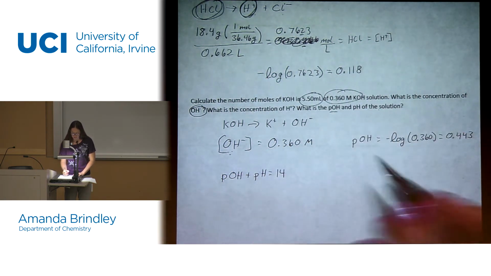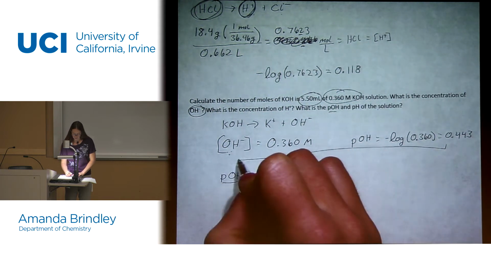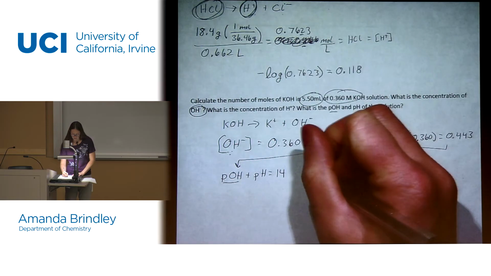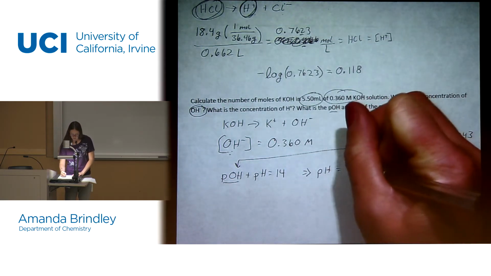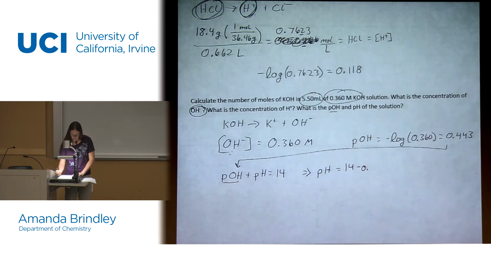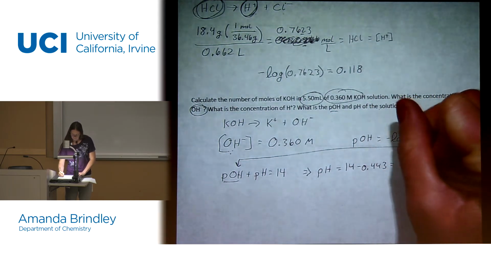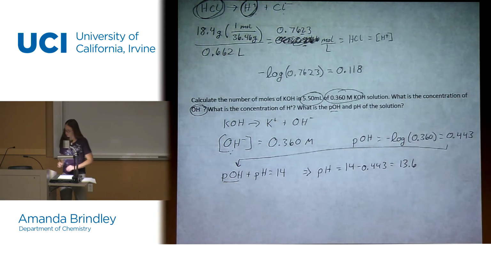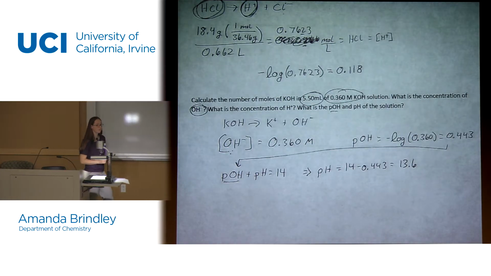Which means that if I know this, and I do, then I know that my pH is equal to that. I think that's a little easier, but whatever you want.